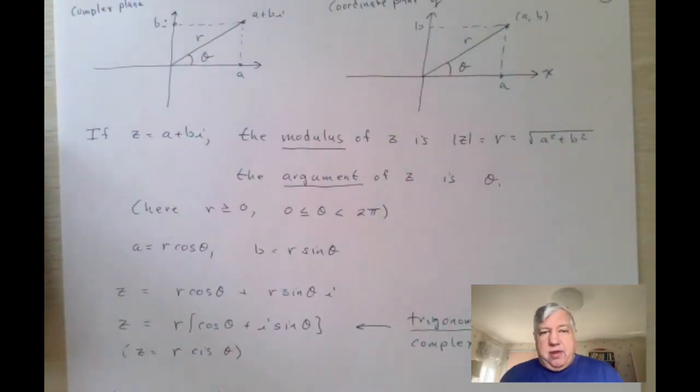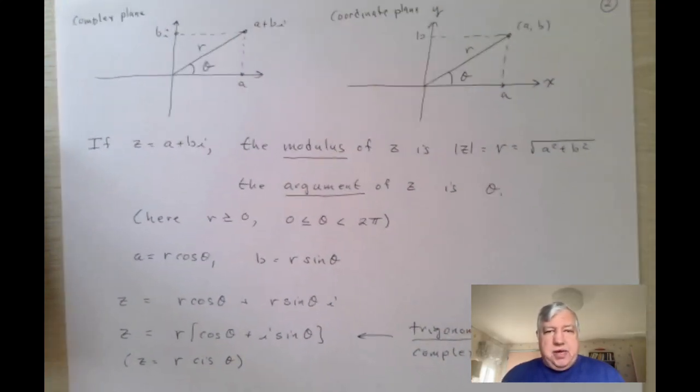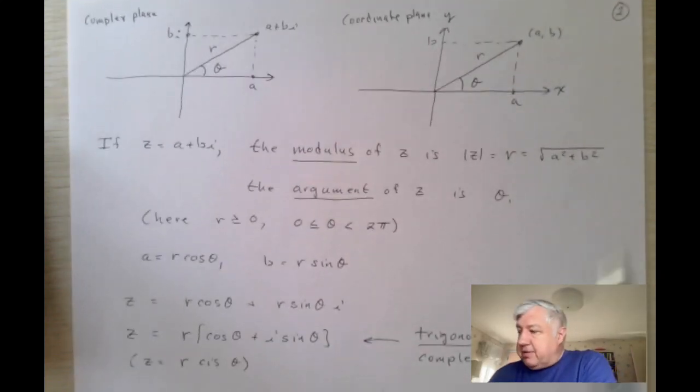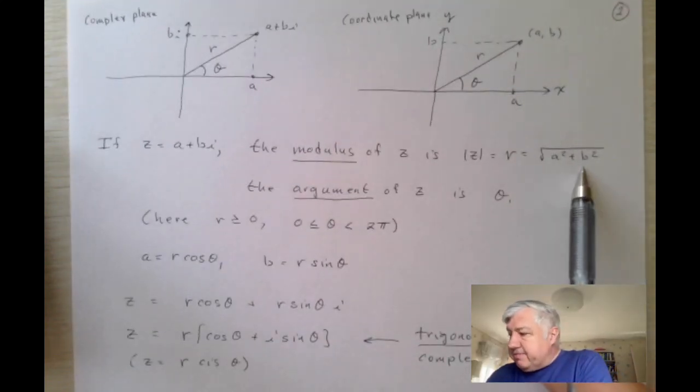So if z is a complex number, the modulus of z is defined to be just the distance from the origin, which can always be computed as the square root of a squared plus b squared.